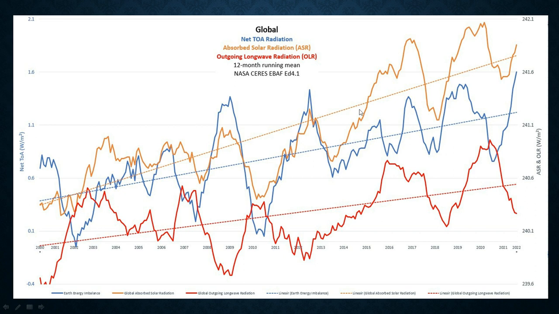You see how that is a higher slope. You can see how it is diverging, whether compared to the TOA or the outgoing. But let's compare the absorbed to the outgoing. You can see how it is diverging. That divergence is your Earth energy imbalance.